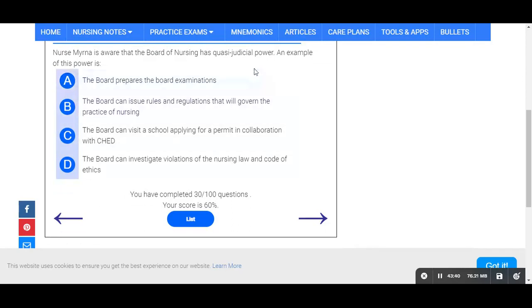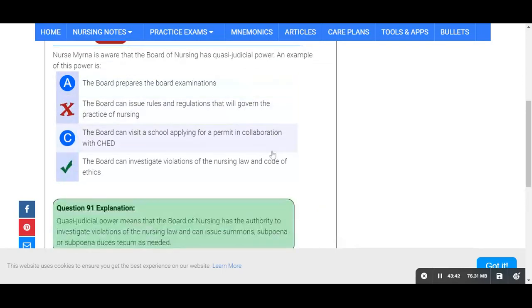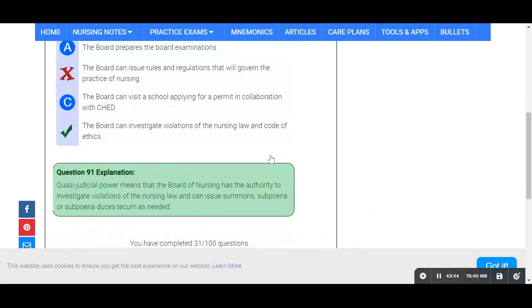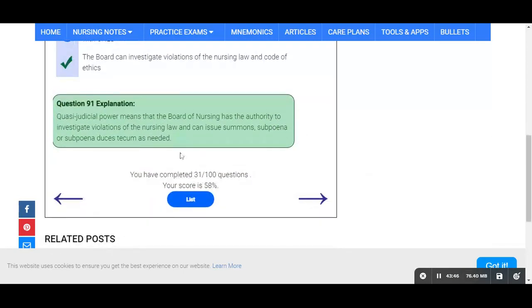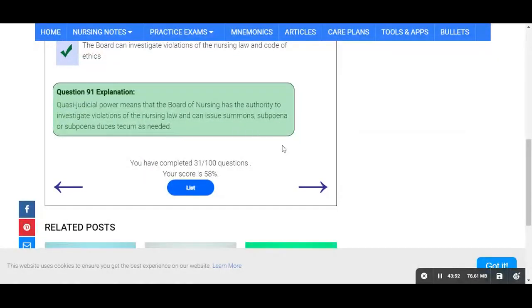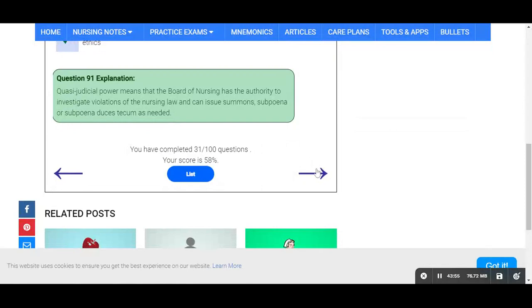Okay, the board investigates violations of nursing law. Quasi-judicial power means the Board of Nursing has the authority to investigate violations of the nursing law and can issue summons, subpoena, or subpoena duces tecum as needed.